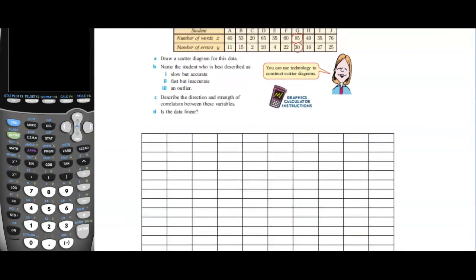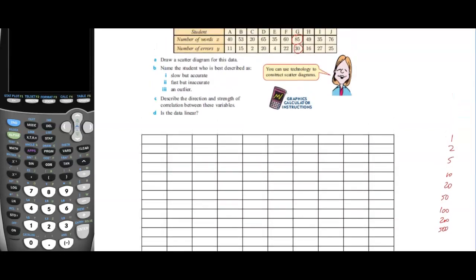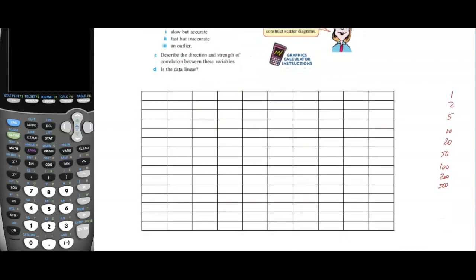So I advise you always to count by 1s, 2s, 5s when you're counting off the divisions in a grid, or 10, 20, 50, or 100, 200, 500, and so on. Okay, so the highest two numbers in the x and the y rows are 85 and 30. So 85 in the x row looks like I can count by 10s here, right? So 0, 10, 20, 30.